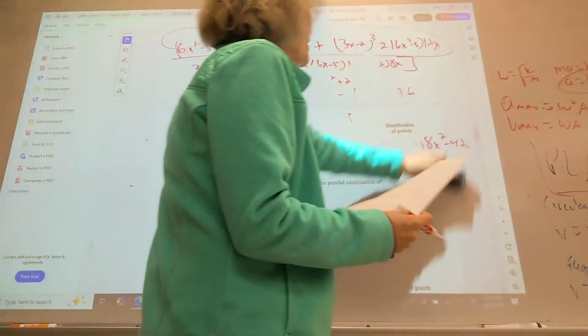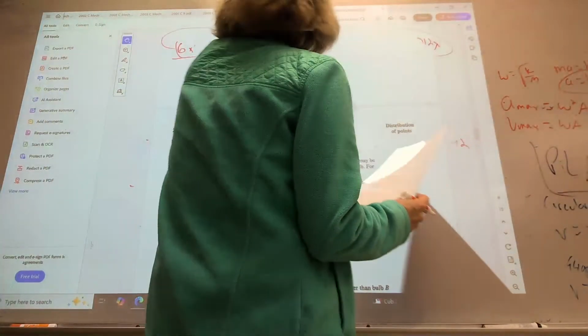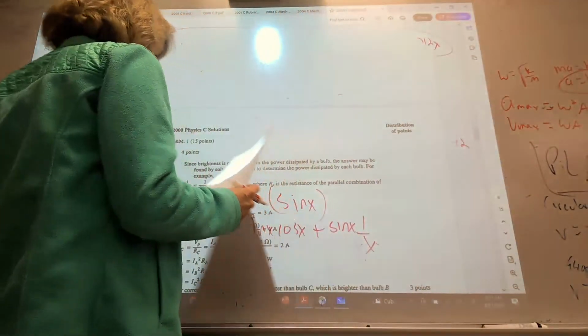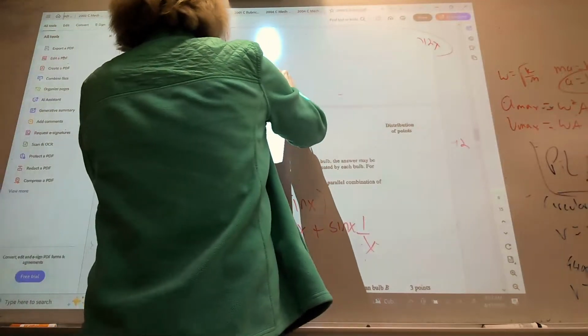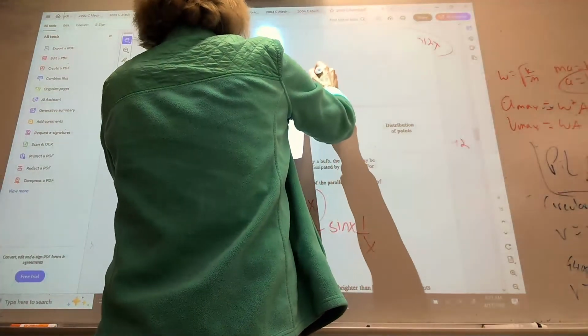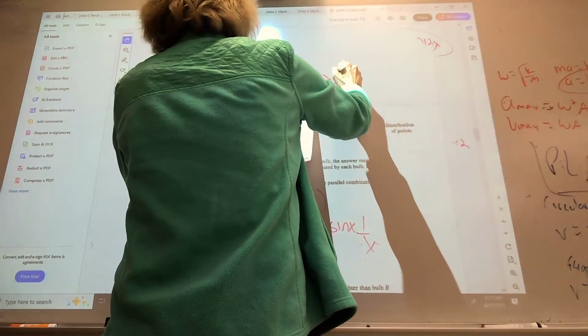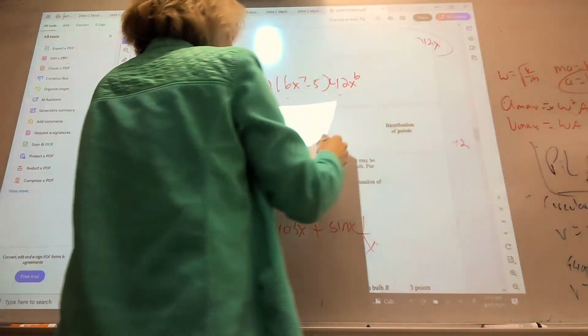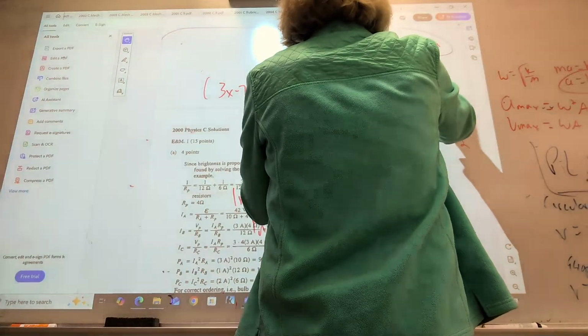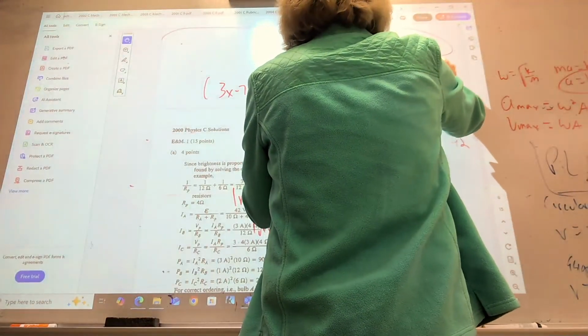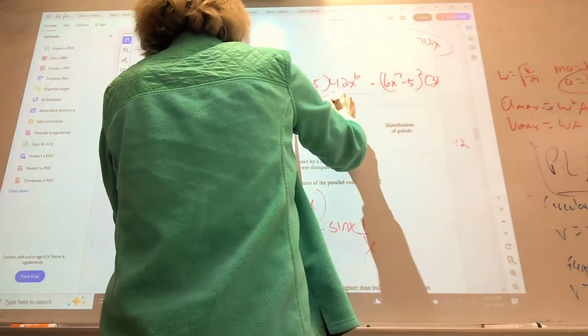Now we're using the chain rule and the quotient rule together. So we have the bottom, 3x minus 7, times the derivative of the top, 2 times 6x to the 7th minus 5, times the derivative of what's inside, 42x to the 6th, minus the top, 6x to the 7th minus 5 quantity squared, times the derivative of the bottom, 3, all over the bottom squared.